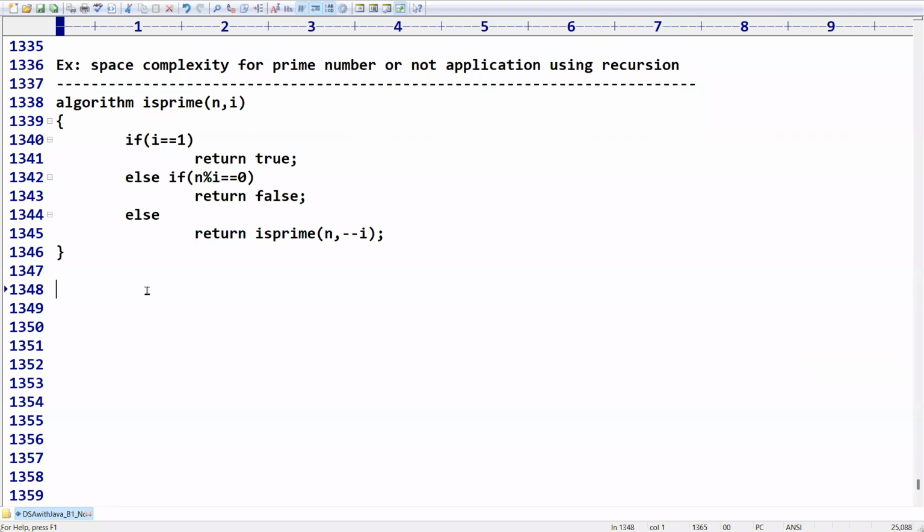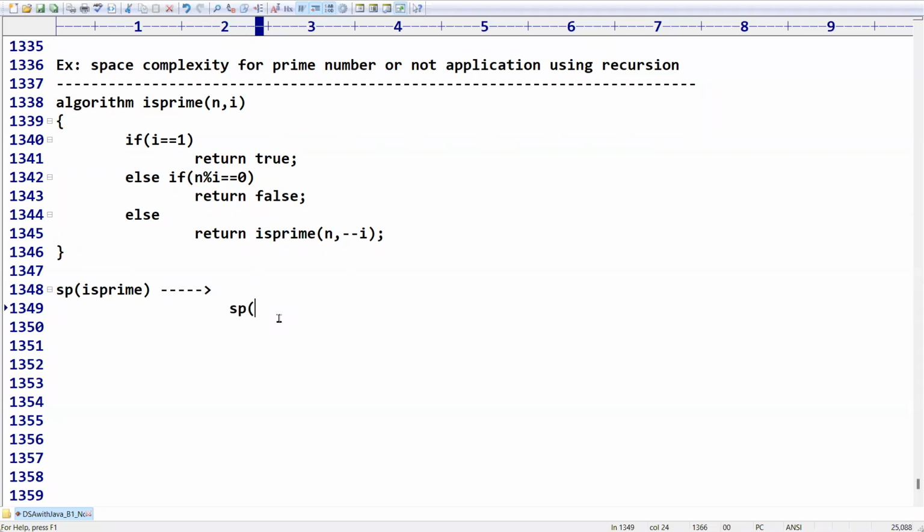Now I need to analyze this algorithm. Sir, how can you calculate the space complexity of this is prime function? Sir, let us check how it is going to be calculated. First time it is a recursion, right? So this one is going to execute one time.